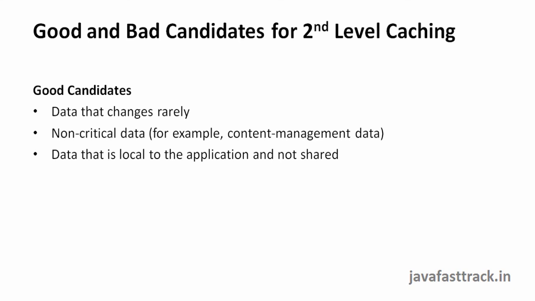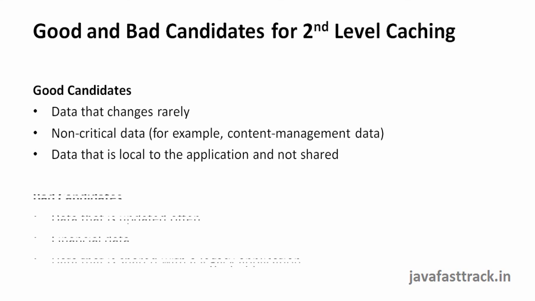Some general news or entertainment kind of data, content management data, some documents, etc. Non-critical data, you can cache it. Even if sometimes you get stale data, it doesn't matter much. Data that is local to the application and not shared. In all these cases you can use second level caching.